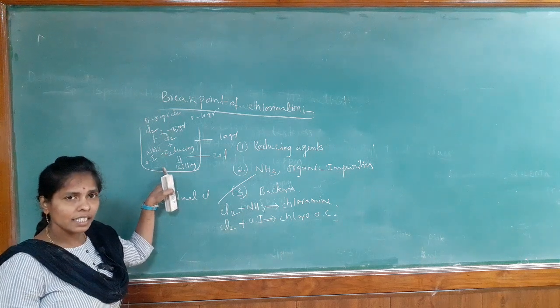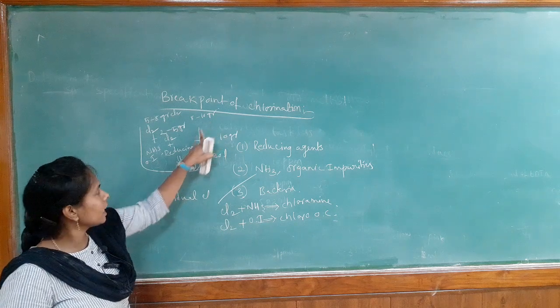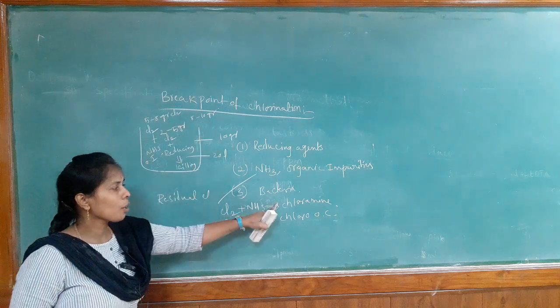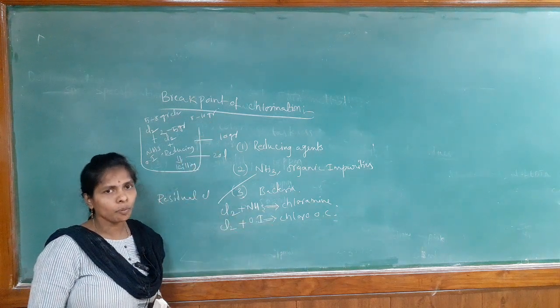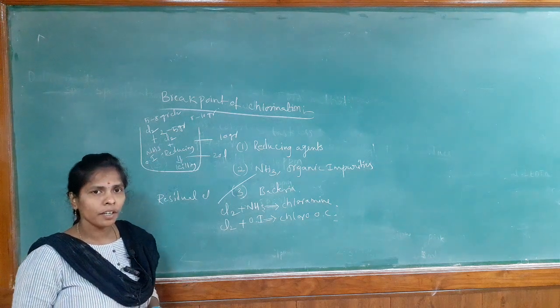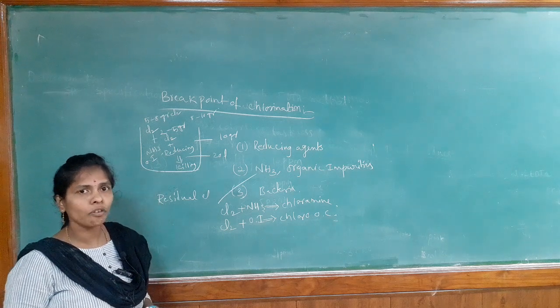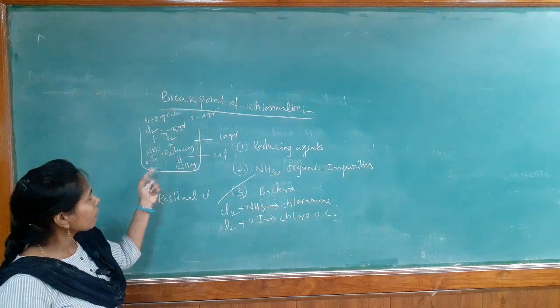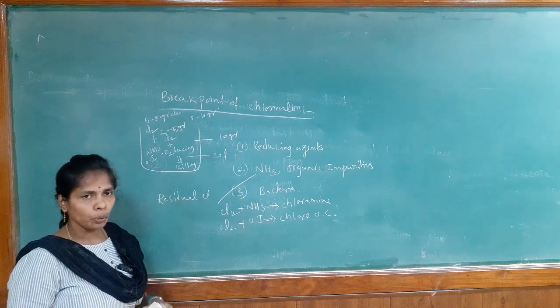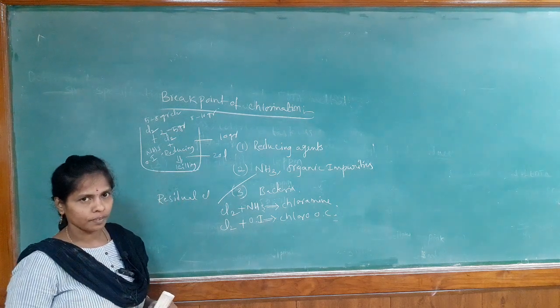No, at stage 3 the entire 10 grams of chlorine is killing the entire bacteria, chloramine and the chloroorganic compounds. So, at stage 3 there is no residual chlorine because there is no free chlorine and there is no combined state of chlorine.